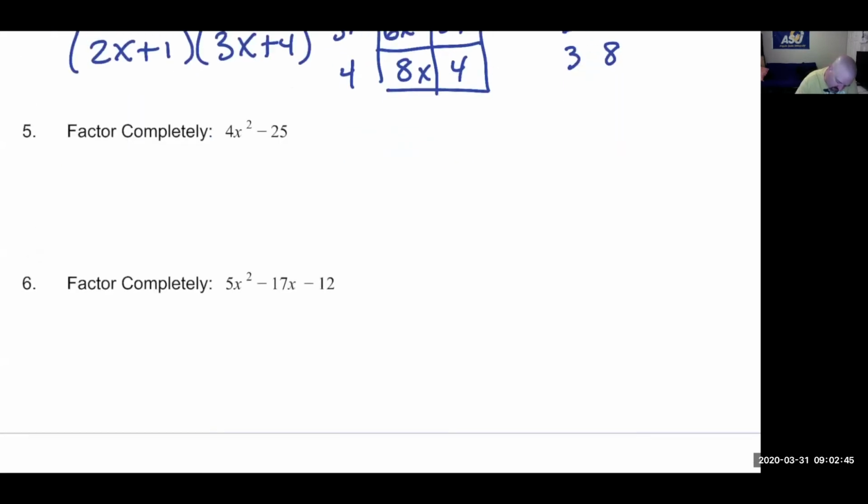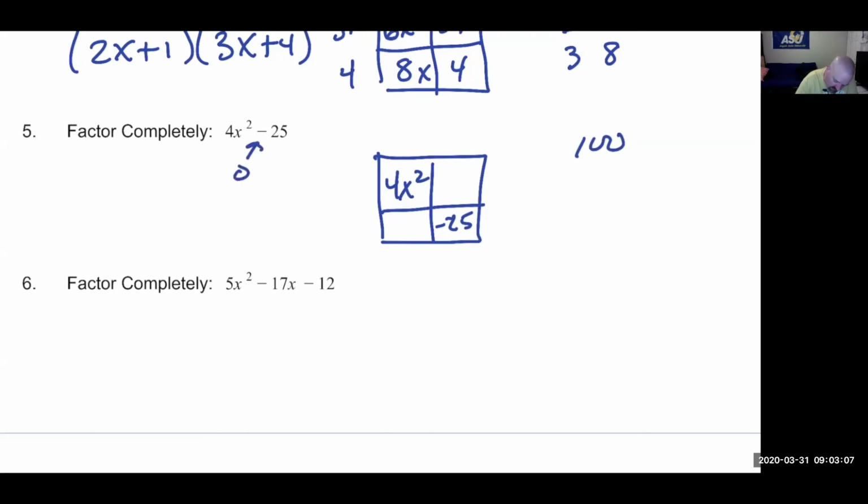For the next one, you'll learn if you worked with special products when you multiply, you may recognize this as something special, and it is, but it factors the same way. 4x squared here, -25 there. The only difference is when you multiply to 100, you're looking for something that adds up to 0. So that's easy.